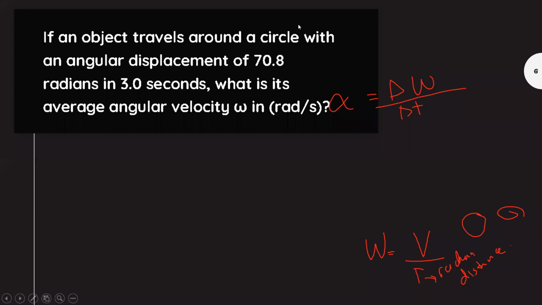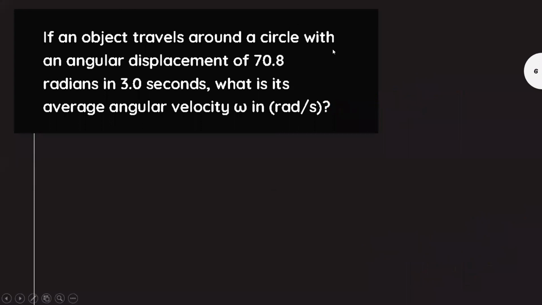Now, if an object travels around a circle with an angular displacement of 70.8 radians in 3 seconds, the change of angular displacement is 70.8 and the change of time is 3 seconds.